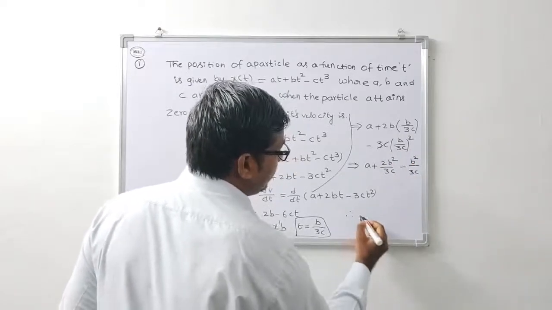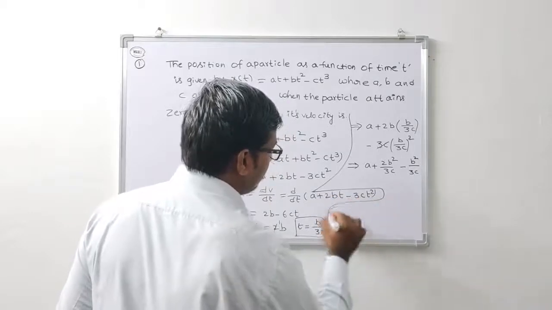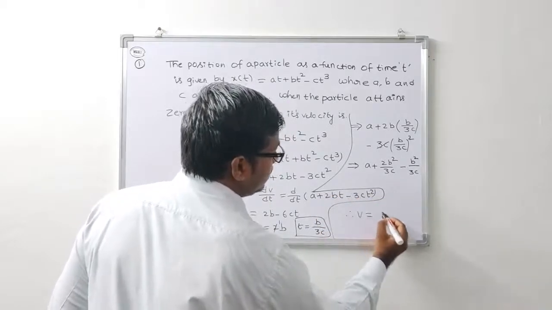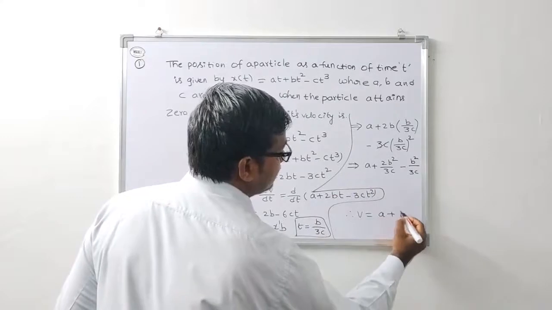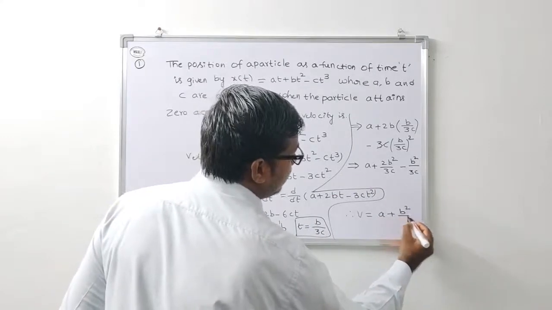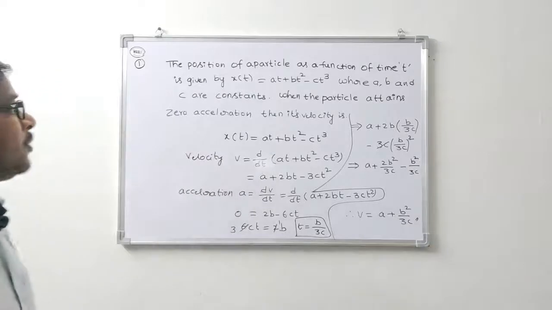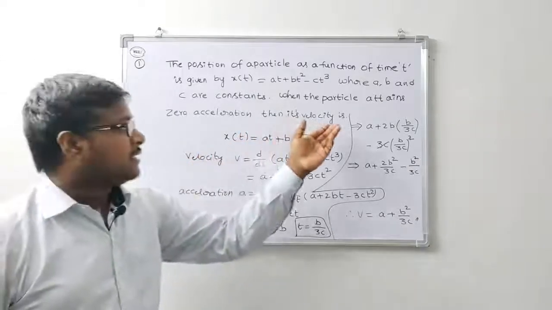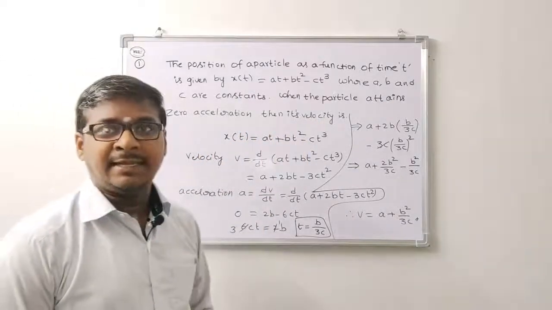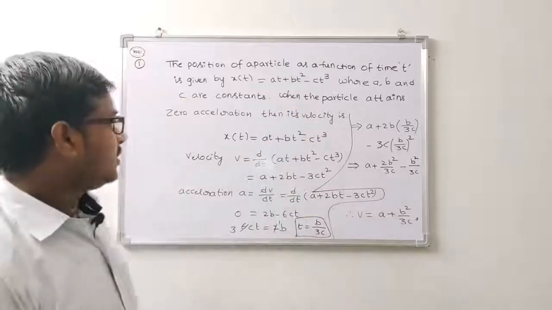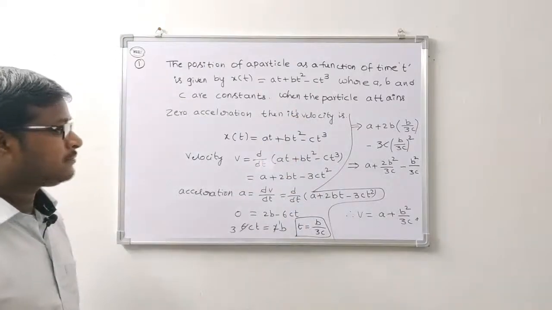Therefore velocity v is equal to a plus b square by 3c. This is the problem. Very simple problem. This problem was asked in JEE Mains 2019 edition. This problem is very important.